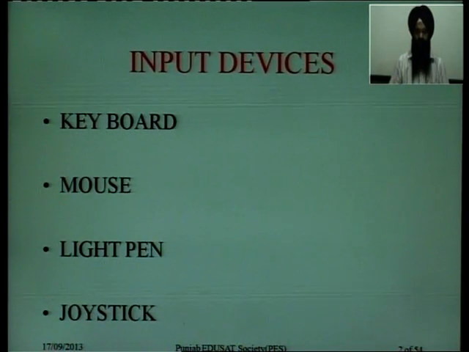There are light pen, joystick, etc., with the help of which we can enter the data. But nowadays the keyboard and mouse are the essential devices and they have become the essential part of a computer system. So we will discuss about keyboard and mouses in this lecture.